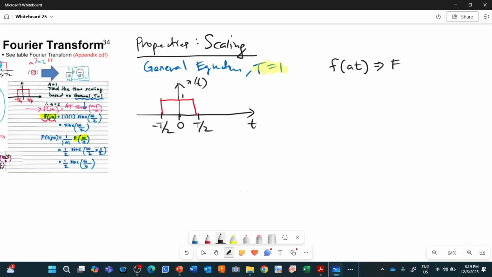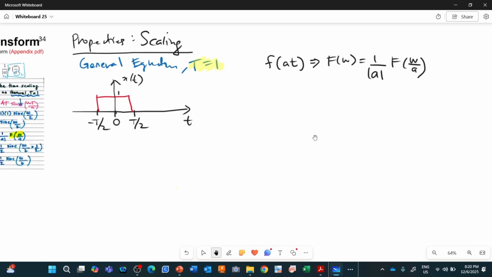So f(at) is equivalent to (1 over a) F(ω over a).